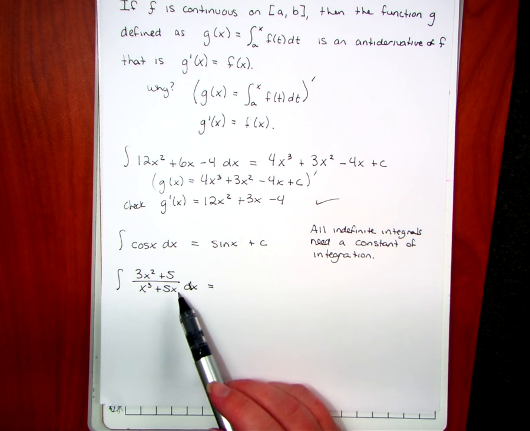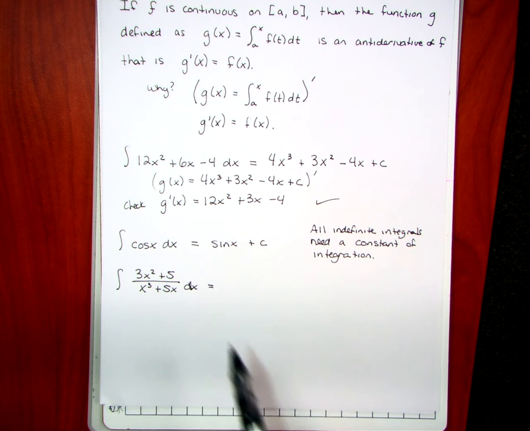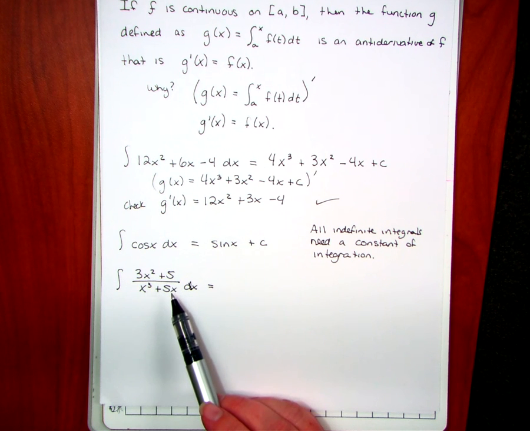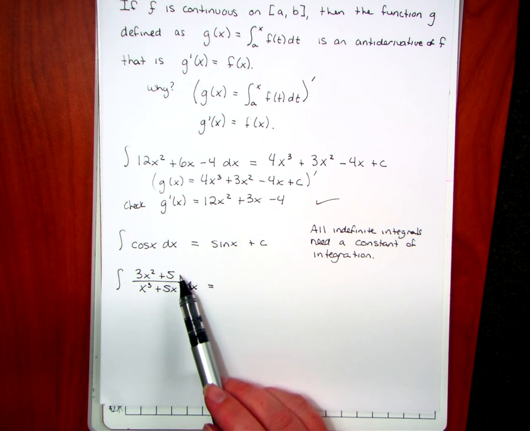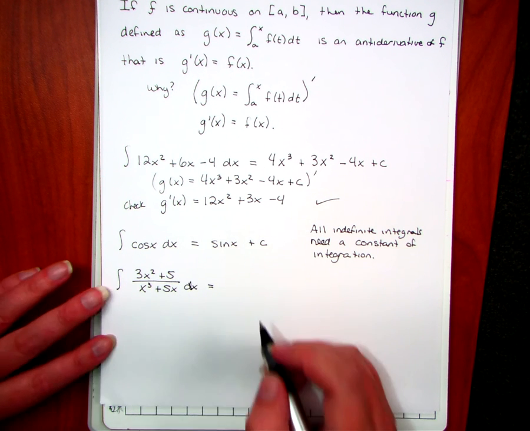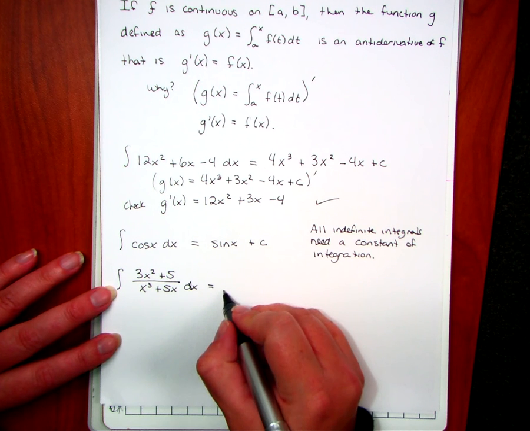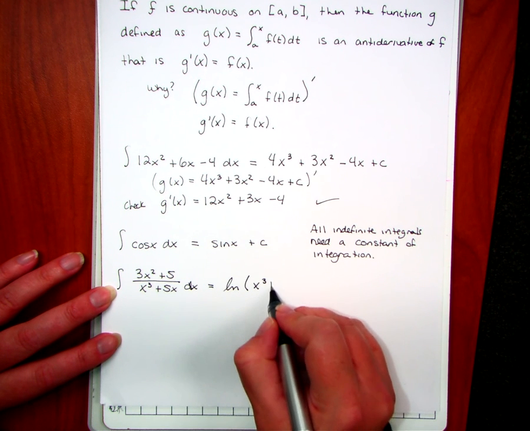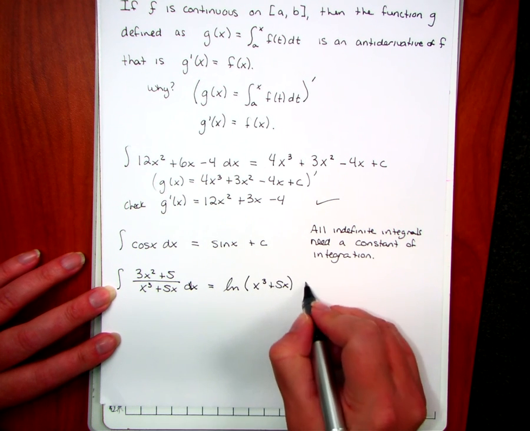So do you recognize the pattern here? We're not going to undo a quotient rule here. To find the antiderivative of this, you just need to recognize that the derivative of the bottom is up top. So this is an f prime over f function, which fits our ln, okay?